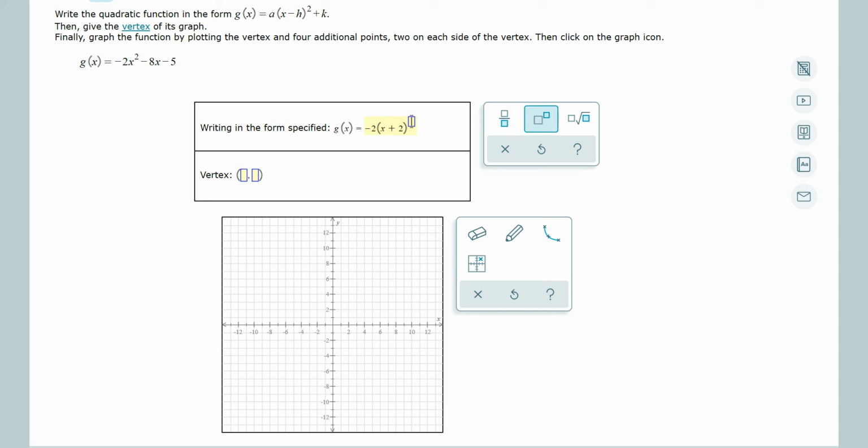I need an exponent squared. Scroll back down and go plus 3. The vertex is negative 2, 3. And then, since I know this is a quadratic function, which means it's a parabola, which means it's a curve, for Alex, it says finally graph the function by plotting the vertex and 4 additional points, 2 on each side of the vertex. Okay.